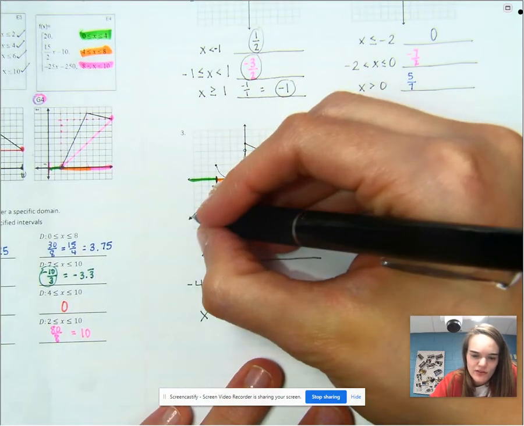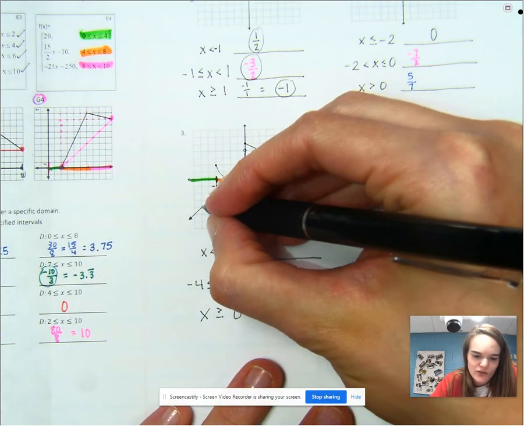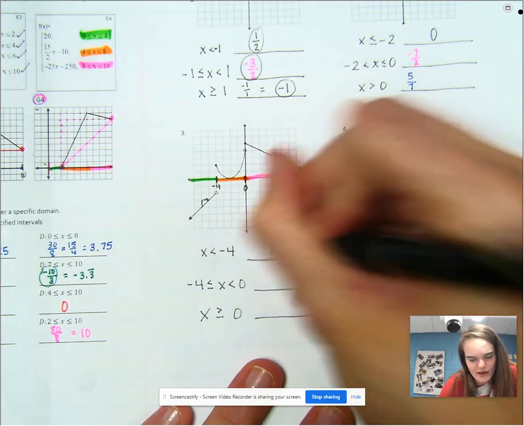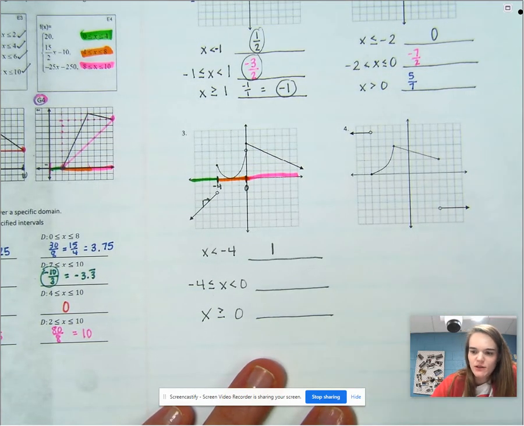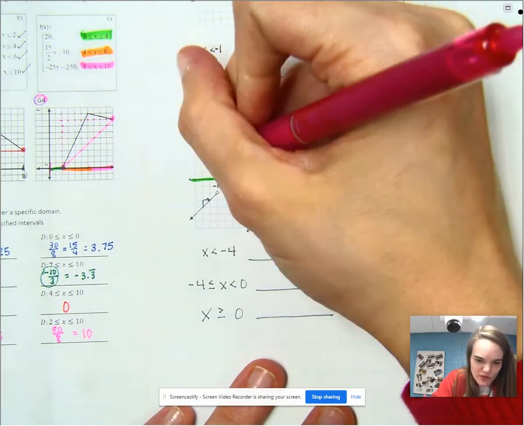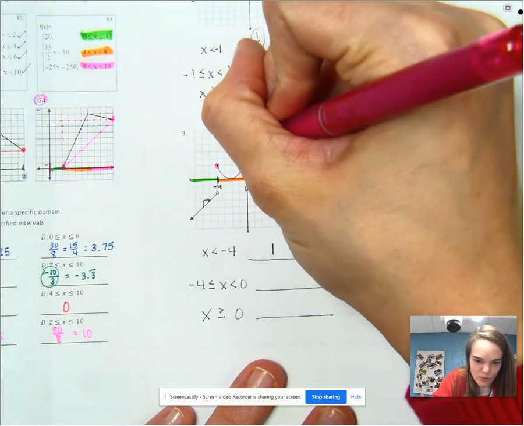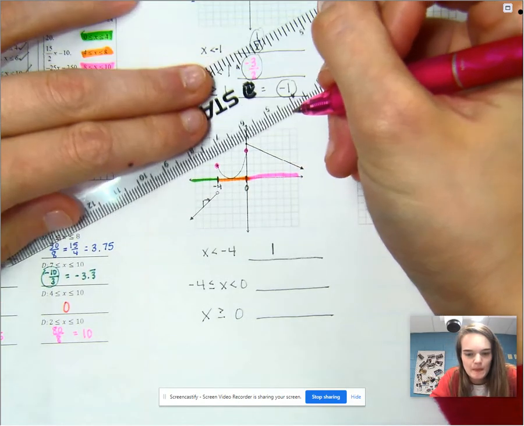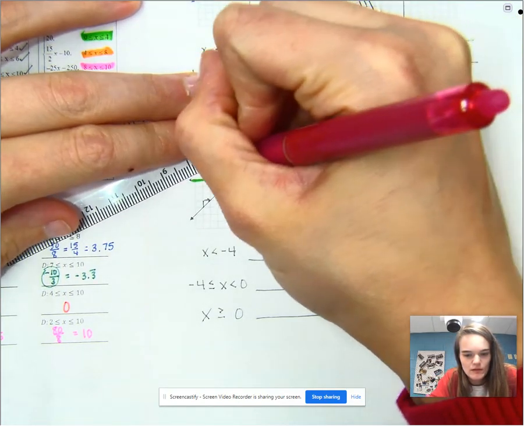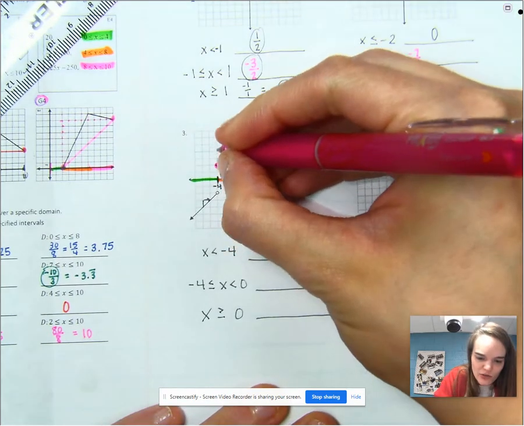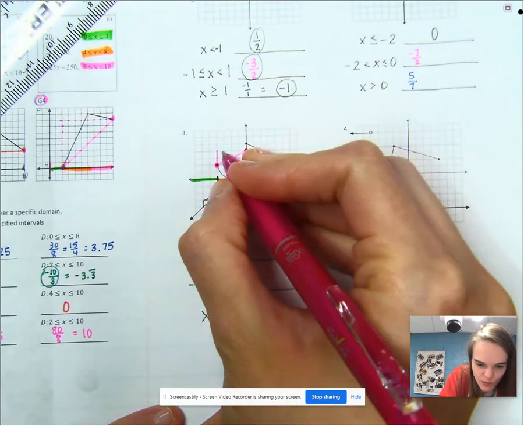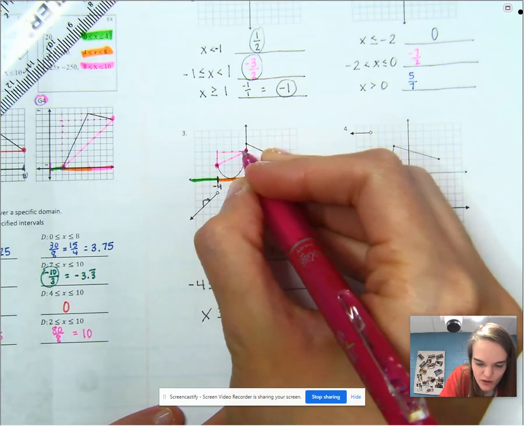All right, this is a line, so I can count slope. Up 1 over 1 is 1 over 1, which is just 1 is the average rate of change. Cannot count slope if it's not a line, so I have to put 2 points on the endpoints and connect them. So it is rise 2, run 1, 2, 3, 4.